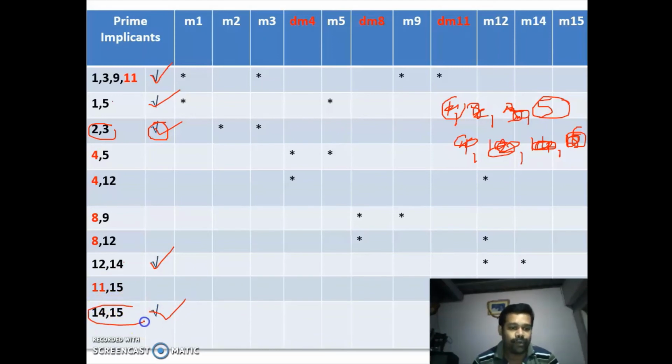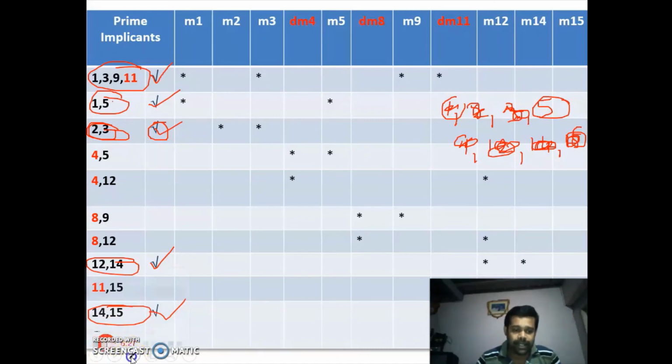So 14, 15, 12, 14, 2, 3, 1, 5 and 1, 3, 9, 11 are the essential, the minimum prime implicants needed to group all these minterms.